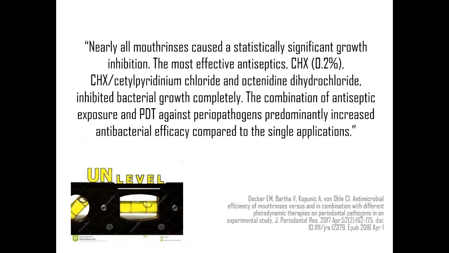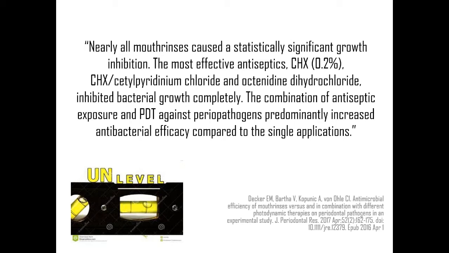This next study took 6 representative periodontitis-associated bacterial strains. They were grown for 24 hours under anaerobic conditions, and after mixing the individual cell pellets, they were exposed to 10 different antiseptic mouth rinse formulations.